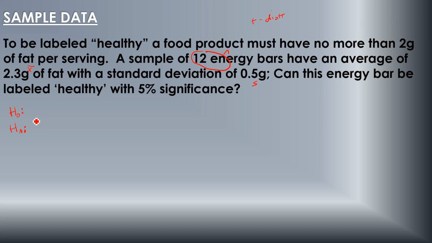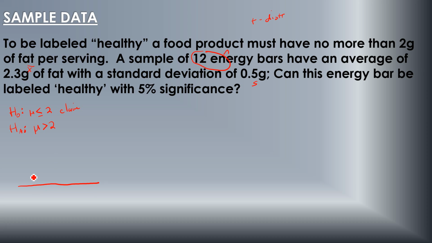If they wanted to be labeled healthy, then what is their claim? Well, their claim is that we would have less than 2 grams of fat. It said no more than. So they can have 2, which means our alternative is greater. And this is our claim right here, that they actually have less than, because that's what they want. They want to be labeled healthy.